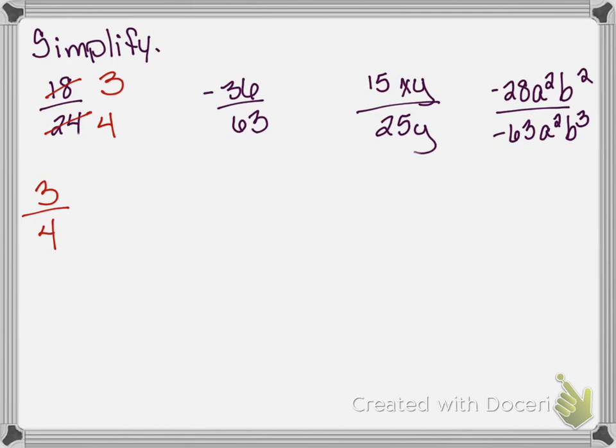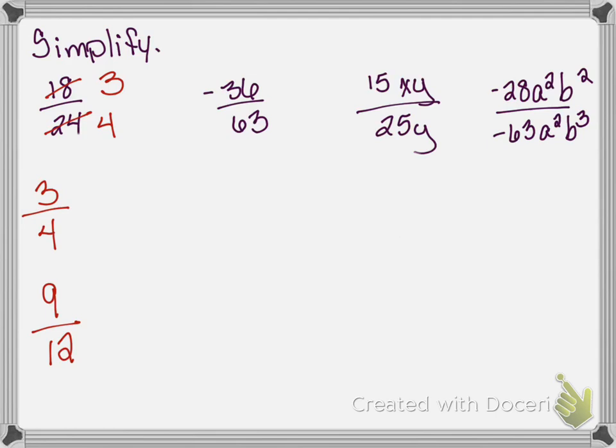Now, did anyone say to themselves, oh, 18 over 24, both of those are even, the number 2 goes into both of those? It's okay if you did. Then you say 18 divided by 2 is 9, 24 divided by 2 is 12.